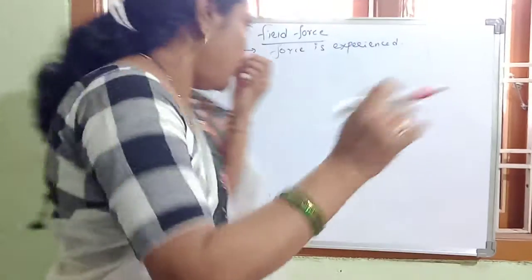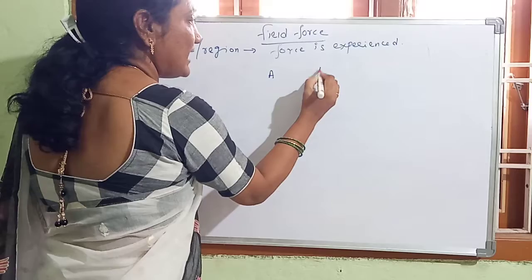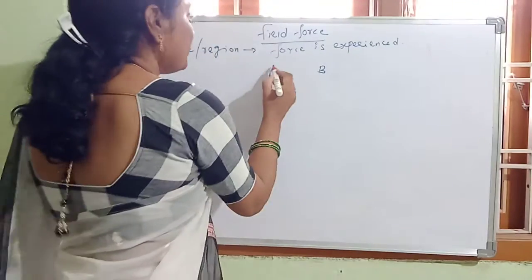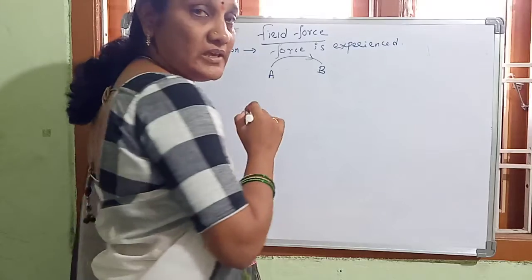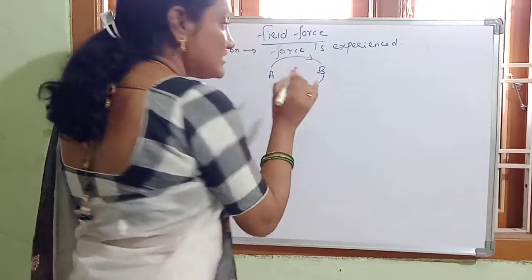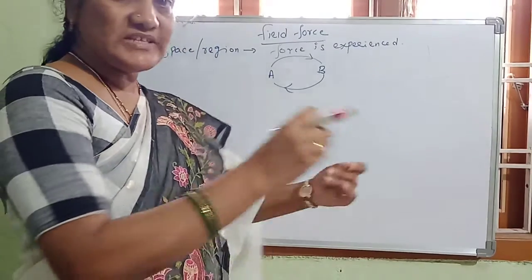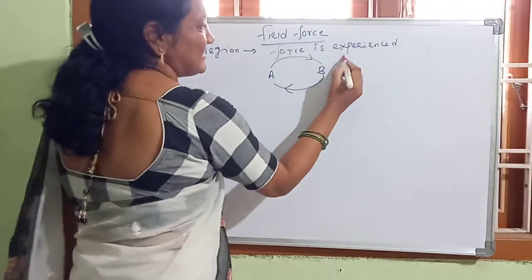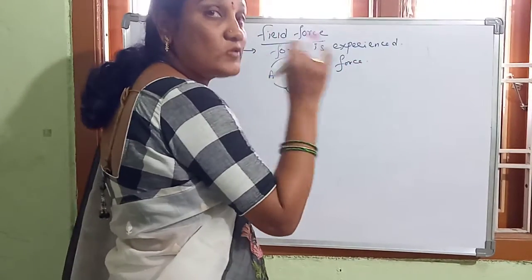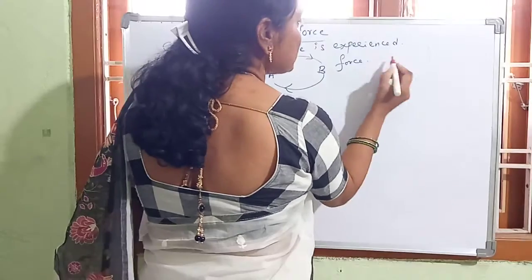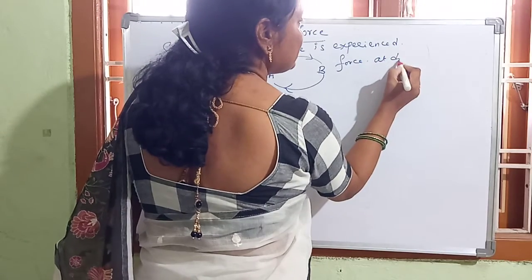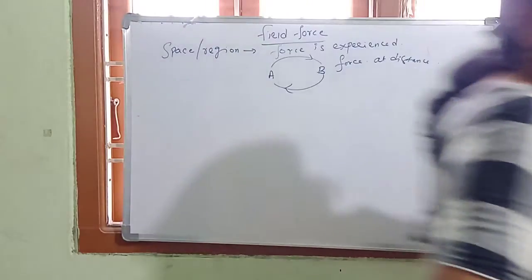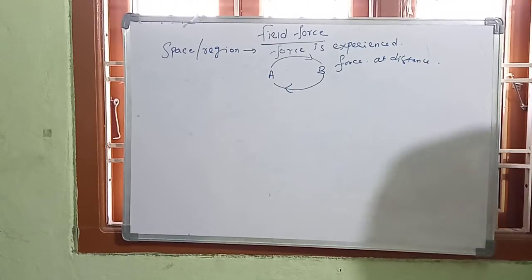But here, if we take two bodies A and B, they are not in contact with each other, yet A exerts a force on B, and B also exerts a force on A. Such forces we call forces at a distance. When two bodies are not in contact with each other, we call such forces forces at a distance.